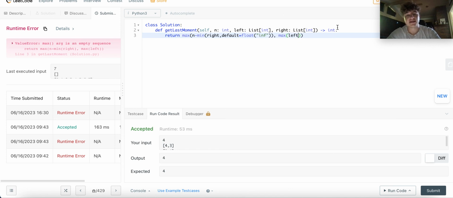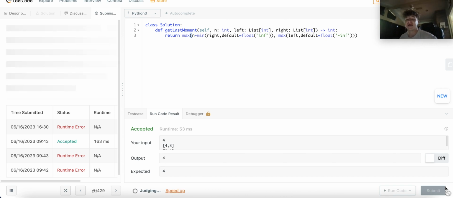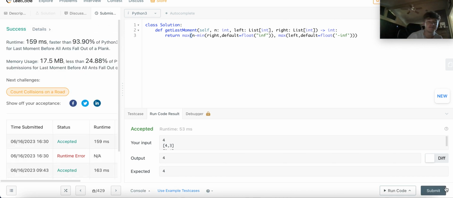And then for max, it could be an issue here, so we could do default equals float negative infinity, because we want it to be as small as possible so that it's not chosen when there isn't a left or there isn't a right, right? Because there are cases where it's only going right or only going left, so these mins or maxes would be empty sequences. Okay, cool.